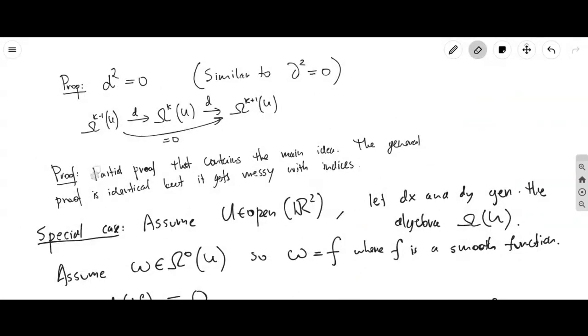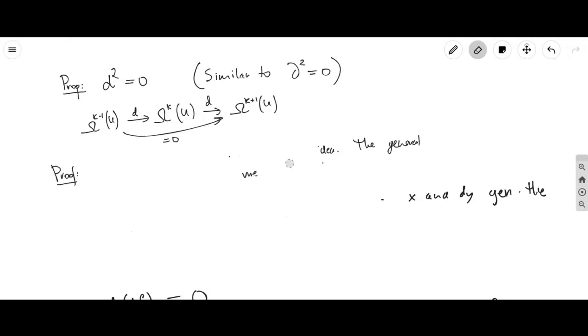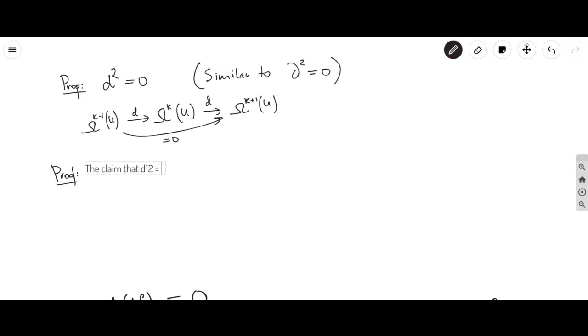So what's the proof in general? The claim that d squared is equal to 0 is just a fancy way of stating the mixed partials theorem. That's really what it comes down to.